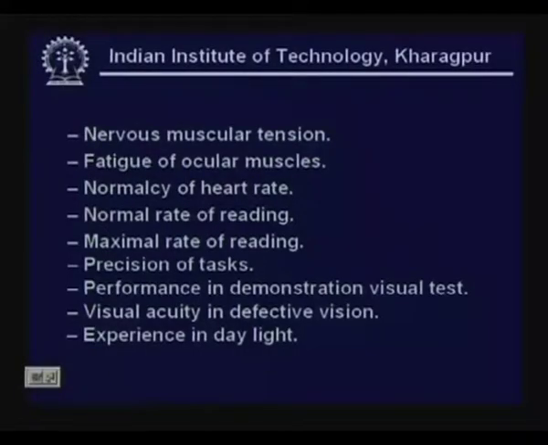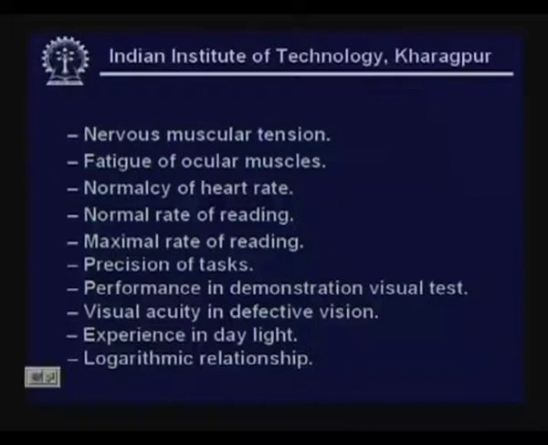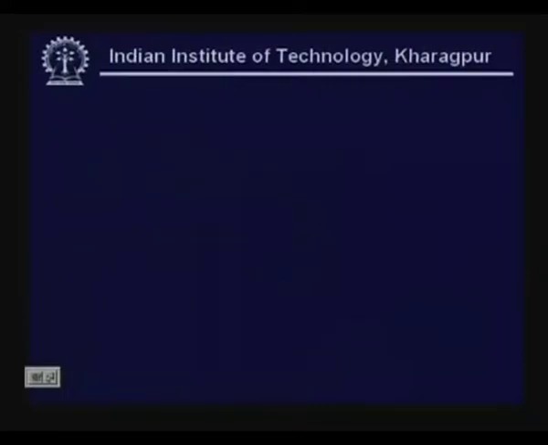You can look into the visual acuity in defective vision, and all this has to be correlated with our experience in functioning in normal daylight, because all our systems are trying to arrange an artificial illumination system which is as close to natural light as possible, and one can see that the illumination requirement vis-a-vis the visual parameters are logarithmically related. We will take up some of these and see how they work.